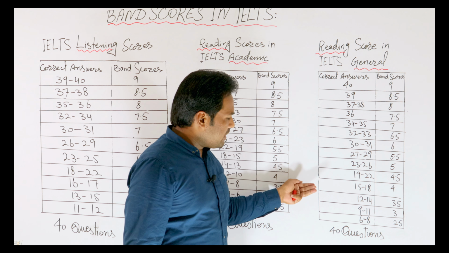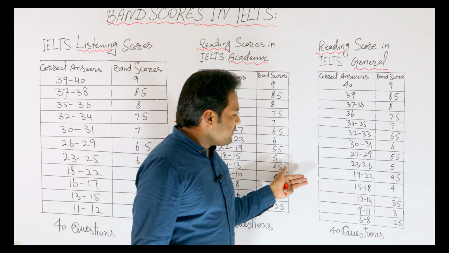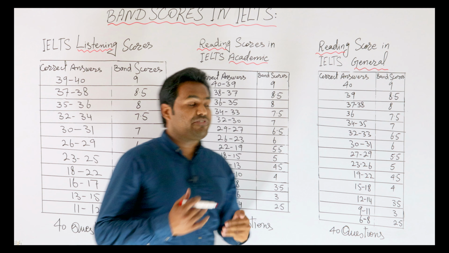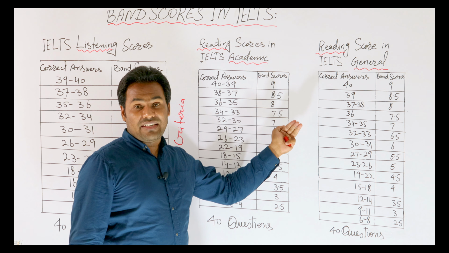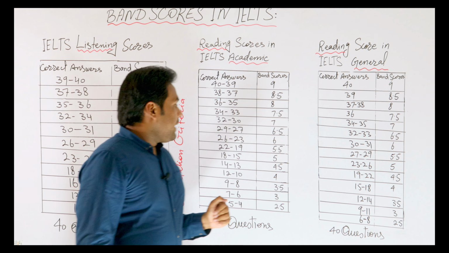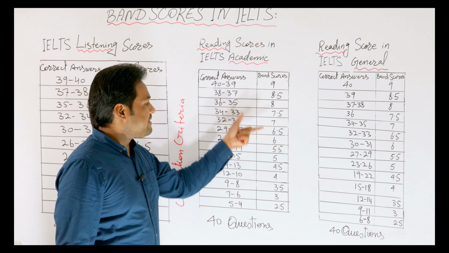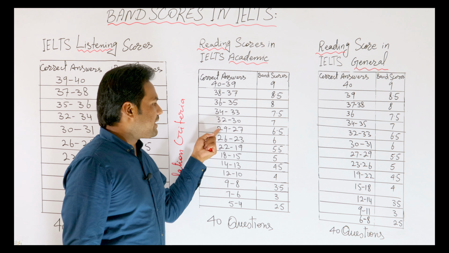And if we study it completely, we can see that there is only a slight difference between the scoring criteria of IELTS General and IELTS Academic. For example, for 6.5 in IELTS Academic, you have to solve 27 to 39 correct answers.